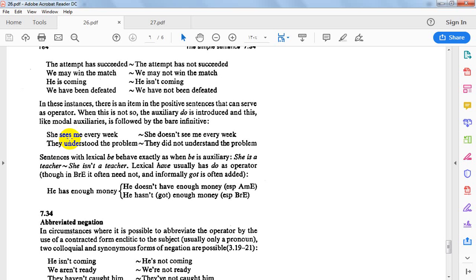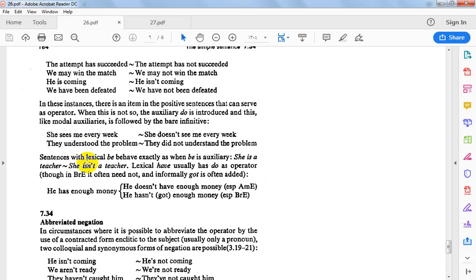There is no operator that can be negated, so I can make use of do, does, did. She seems, I put she doesn't seem. They understood, this is in the past, I say she did not understand the problem. This is the case if there is no clear operator in the sentence.